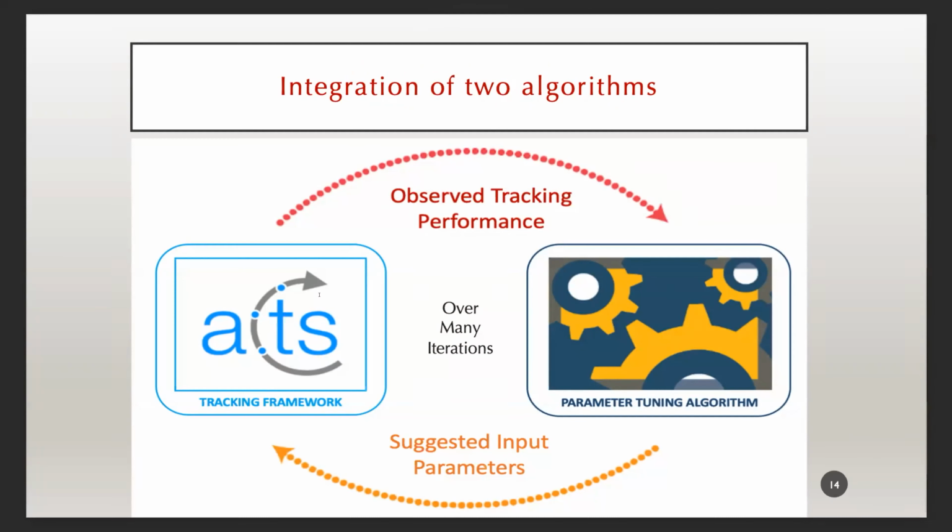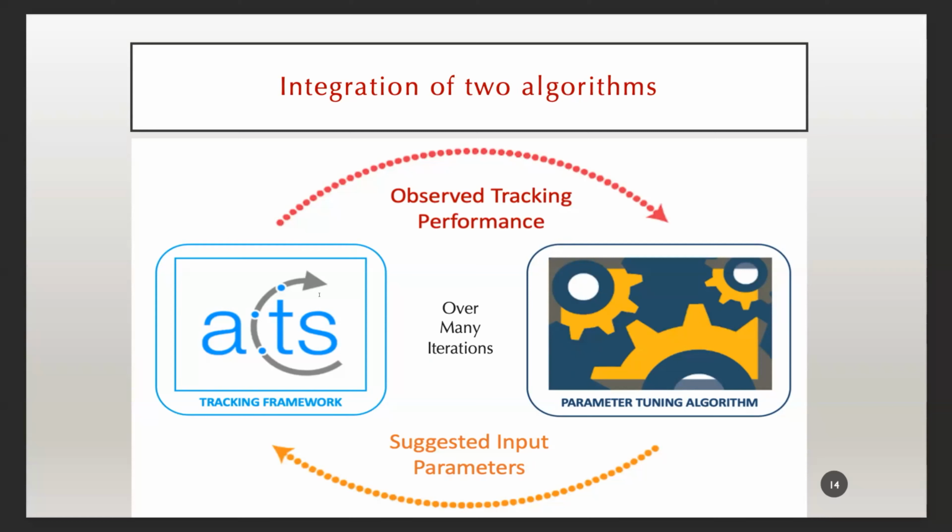Based on those parameters, the tracking framework evaluates the performance, and it provides the performance to the tuning algorithm. The tuning algorithm evaluates the score function based on those parameters, and it tries to increase the score function. In this process, it provides another set of parameters to the tracking framework. This keeps on going over many iterations, and at every iteration, they try to increase the score function.